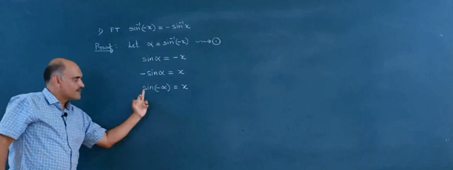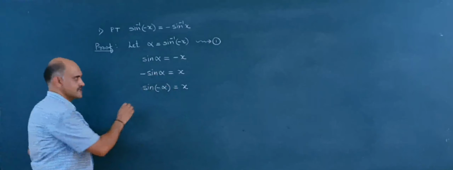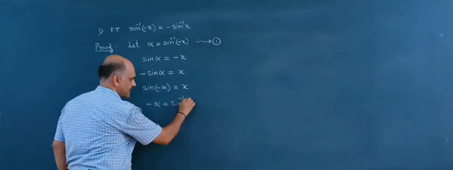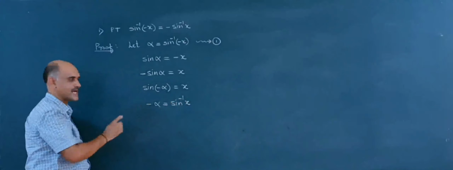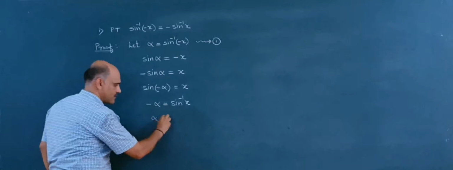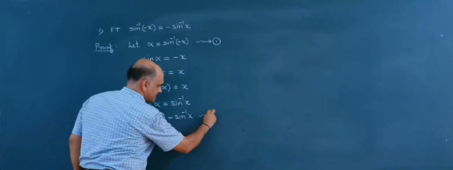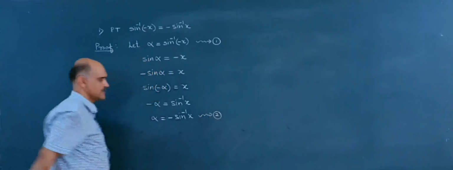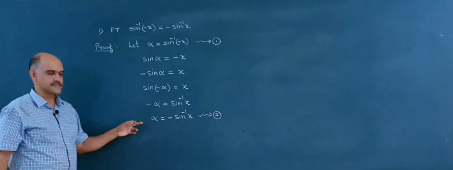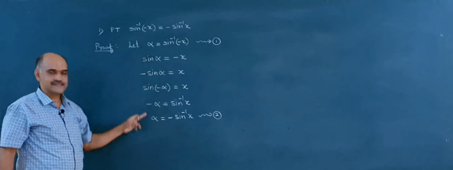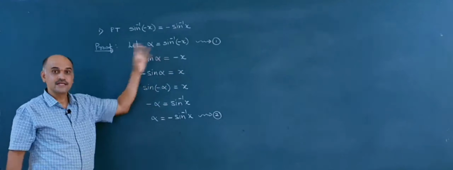So now I will pass this sine to the RHS. You will have minus alpha is equal to sine inverse x. Then again change the sign on both sides, so you will have alpha is equal to minus sine inverse x. This is second. Now if you observe 1 and 2, LHS is the same, so you can equate the RHS.